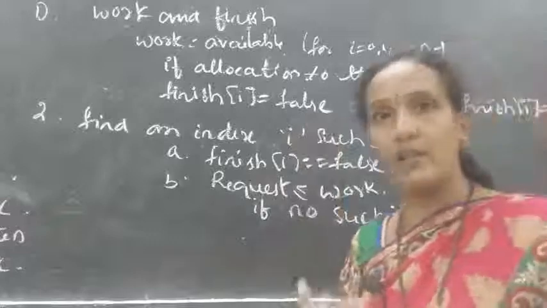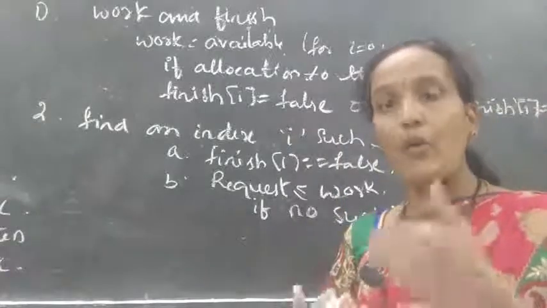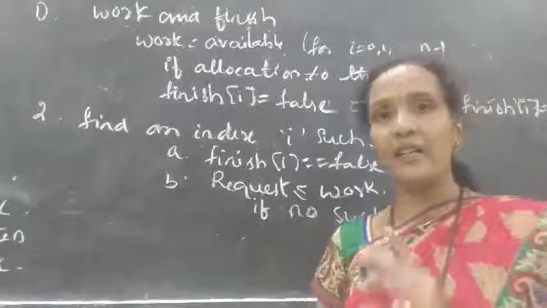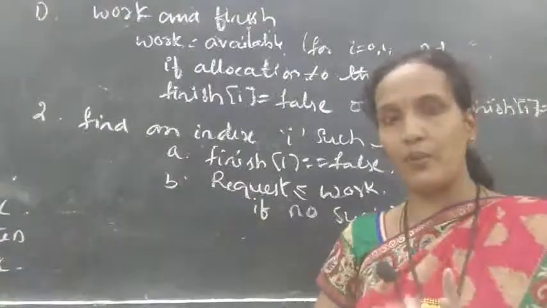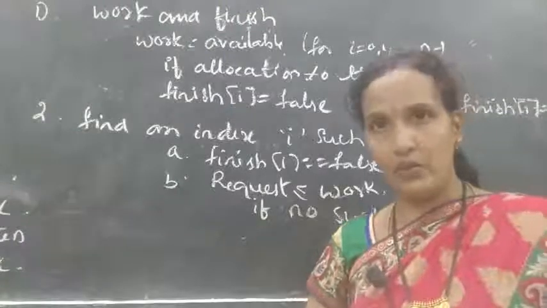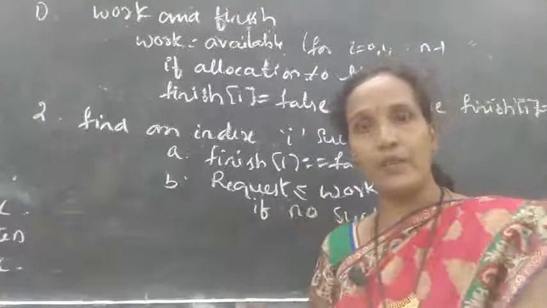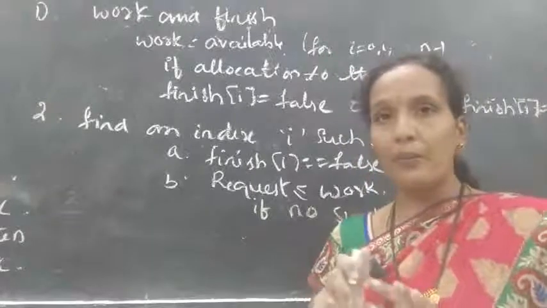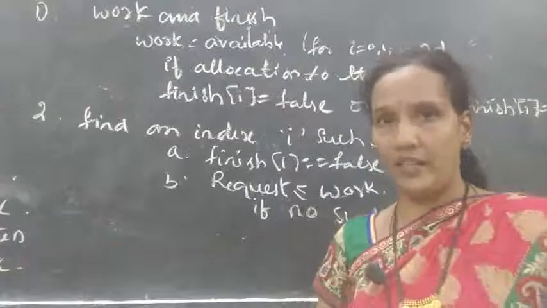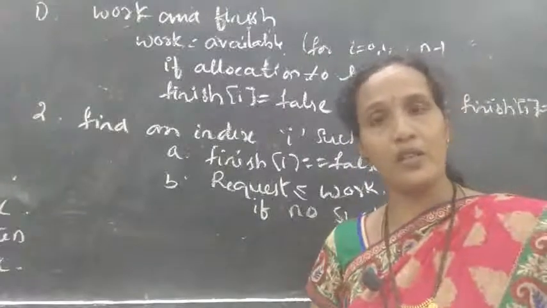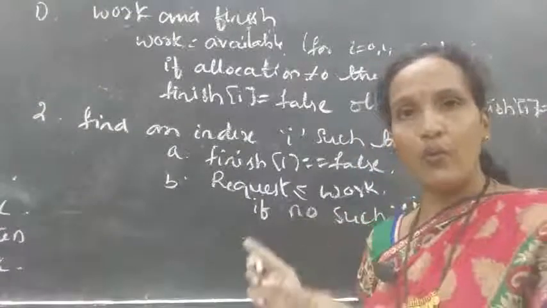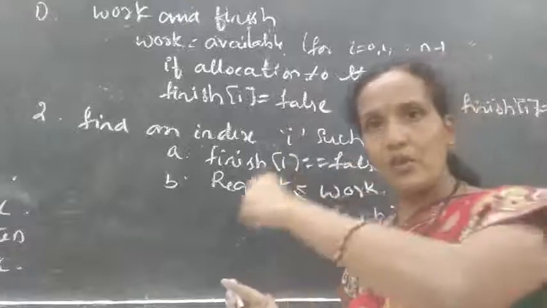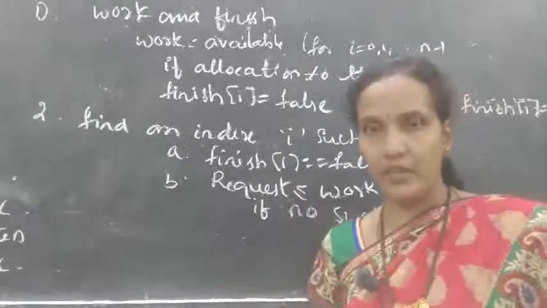You need to allocate resources to a process when Finish[i] equals false, that is, when the process has not completed its execution. So what is the first step? Work equals Available resources. How will you check whether the process has not completed execution? Finish[i] equals false, meaning that process has not completed its execution.